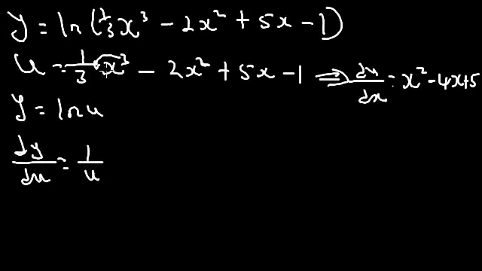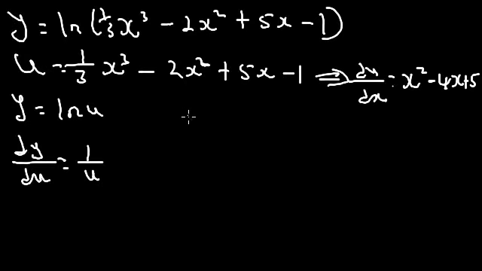The 3 comes, multiplies this one, gets rid of it entirely, and the power reduces to 2, and that's why we have x squared left here. The 2 comes, multiplies this one, and hence we have 4, and the power reduces by 1, and that's why we have 4x. Now this 5x is simply 5, so that's how we got our final answer.